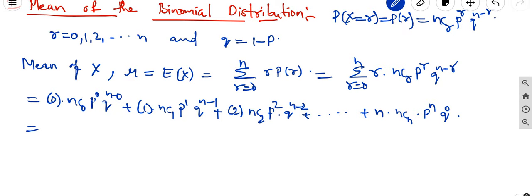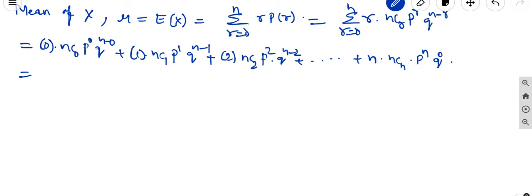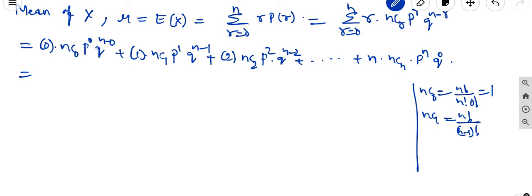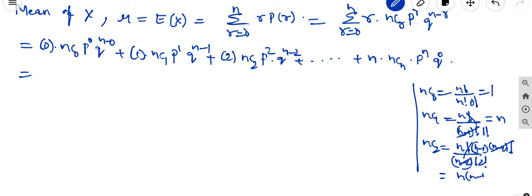Here first of all we are finding the nC0, nC1, nC2 values. nC0 equal to n factorial by n minus r factorial into r factorial, that is 1. nC1 equal to n factorial by n minus 1 factorial into 1 factorial, that is n, since n minus 1 factorial gets cancelled. nC2 equal to n factorial by n minus 2 factorial into 2 factorial, that is n into n minus 1, n minus 2 factorial, and n minus 2 factorial gets cancelled, giving n into n minus 1 by 2.